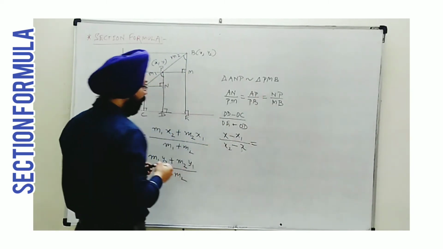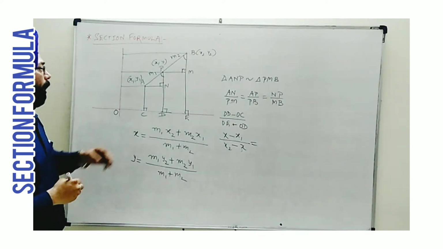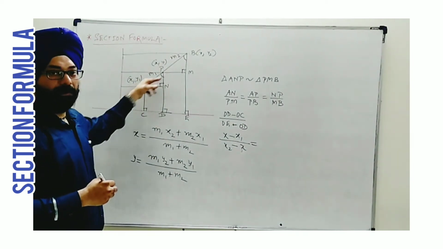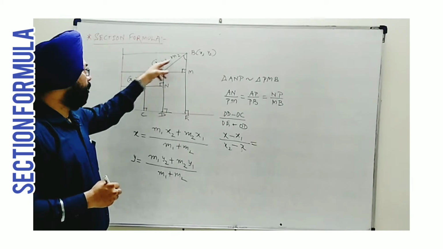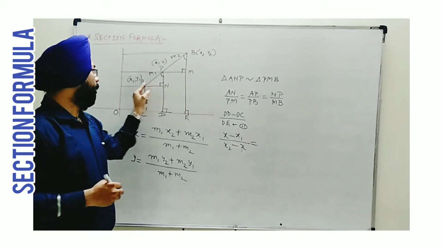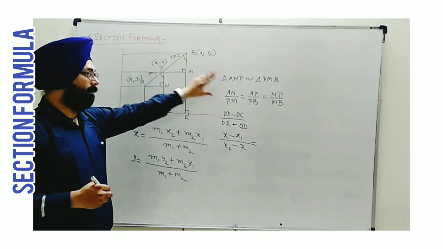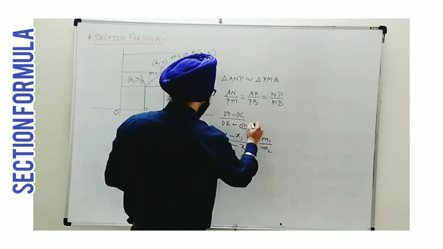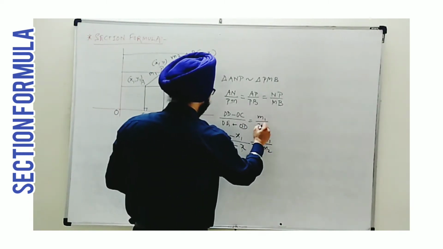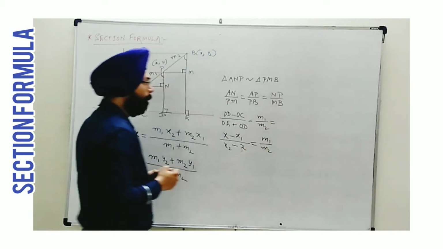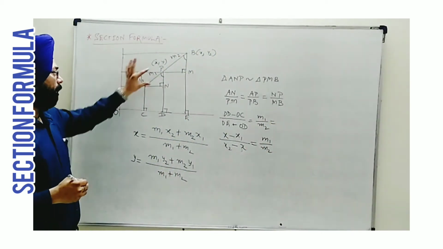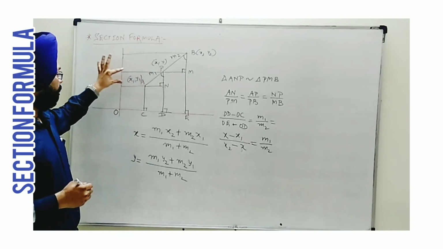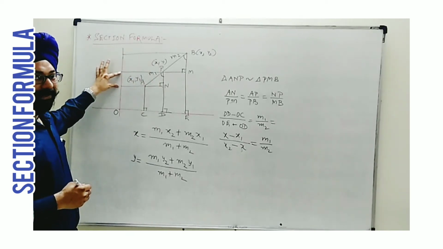Next we come to AP. If I think of AP, we have taken the ratio M1 is to M2. So AP upon PB, this ratio is already considered to be M1 upon M2. So this will be continued as it is. Next, we'll think of NP now. NP, we will take its projection along the y-axis.